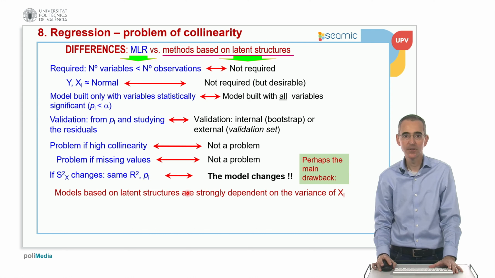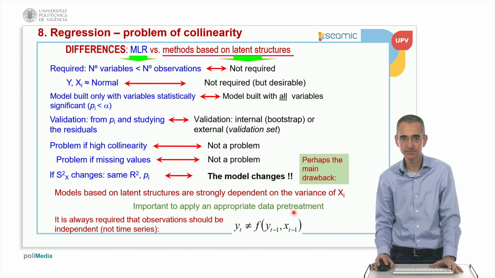Models based on latent structures are strongly dependent on the variance of the X. This is something very important that you should remember. It is important to apply an appropriate data pre-treatment. And then finally, it's always required that observations should be independent.